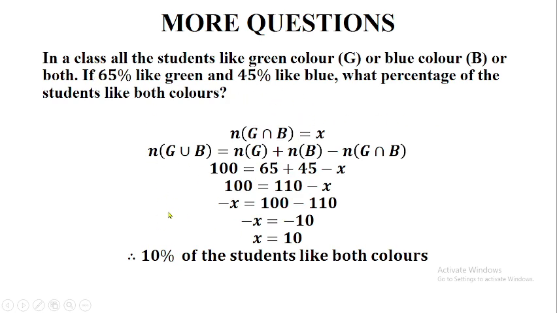Then in the intersection between them, you have x. So we have 65 minus x, then 45 minus x. Then that will be 100 equals 65 minus x plus x plus 45 minus x. Then collect like terms, you get x to be 10 as well. So it's quite simple.